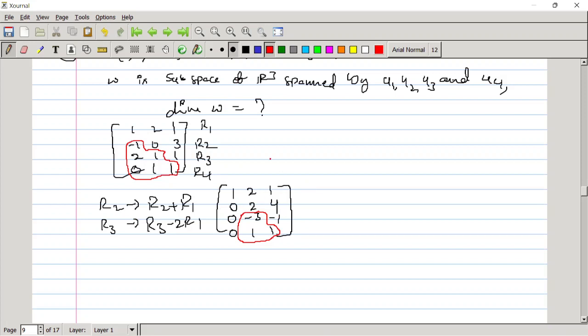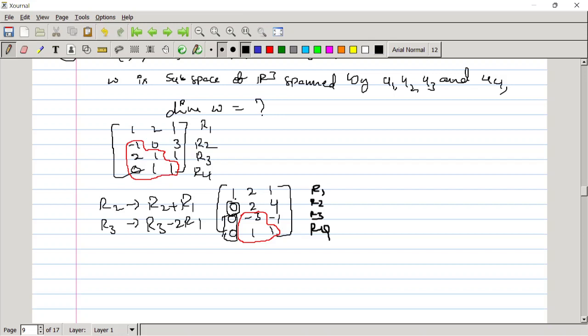For this, what are the row operations I am going to do? Here I am using the second row because we already have the 0 elements. Whenever we do the row operations with R2, these two elements will not get changed.